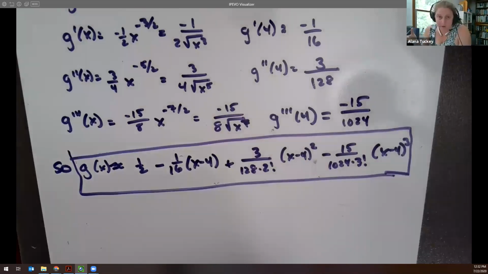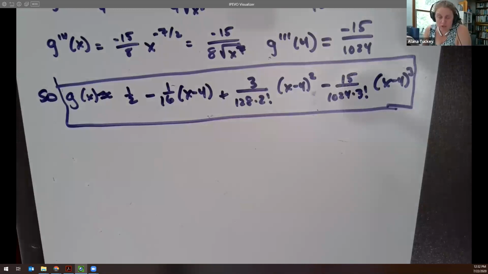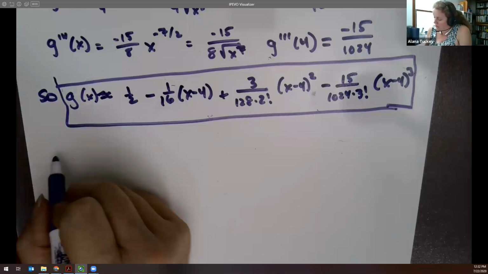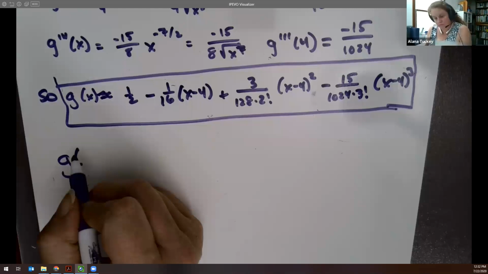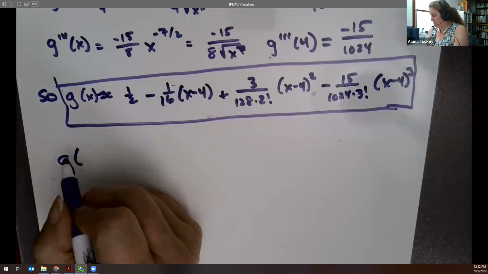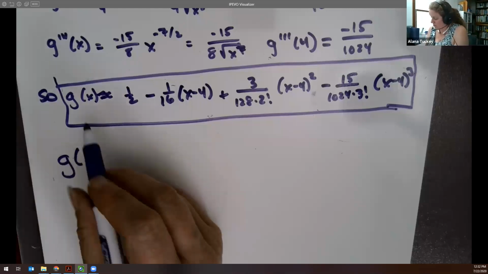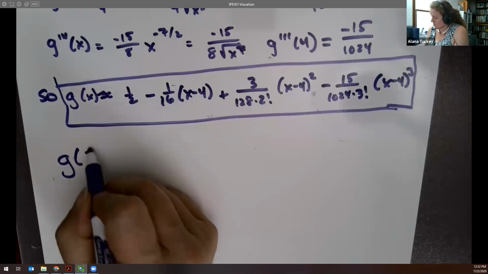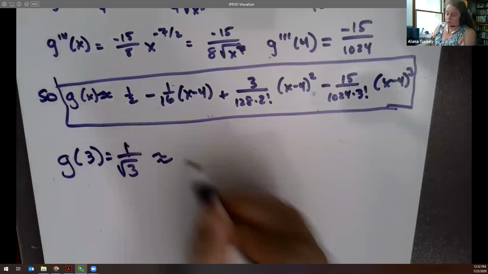Now, the actual Taylor series has infinite terms, right? So it's just a question of how many terms you want to get the decimal places of accuracy that you're looking for. So they said to use the first 4 terms, and then they want you to use this to find g of 1 over the square root of 3. So what are you going to do?